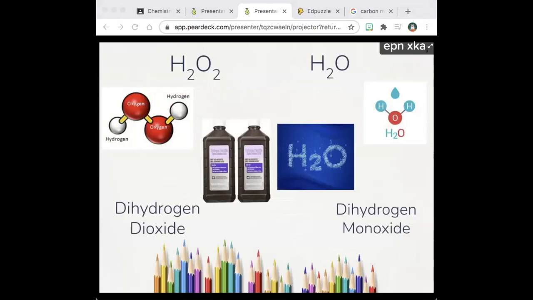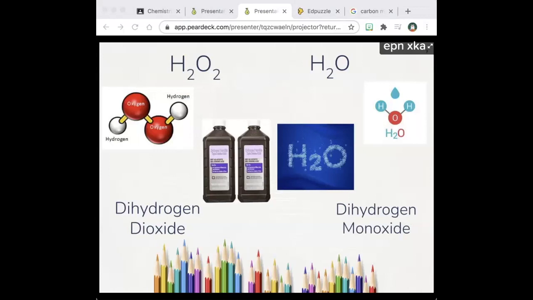Hydrogen peroxide is used when you cut your hand. You put hydrogen peroxide on the open wound, and what does it do when peroxide touches your hand? It burns, it fizzes, it bubbles, and that's because it's eating away at the bacteria. Very good job, Lewis. And if I put water on my hand, that's not going to happen.